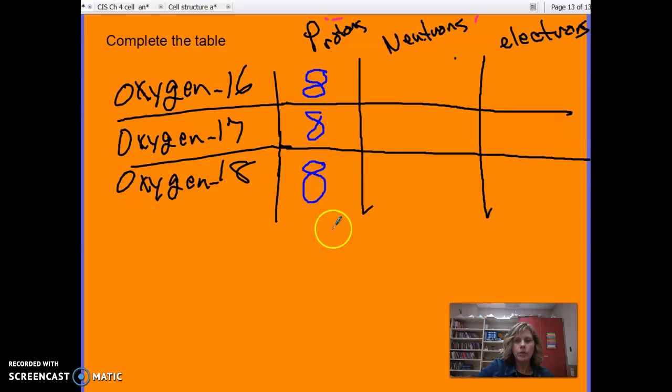So if it has 8 protons, remember on the periodic table, these are neutral atoms. So 8 protons, they would all have 8 electrons. What is going to be different are the number of neutrons.